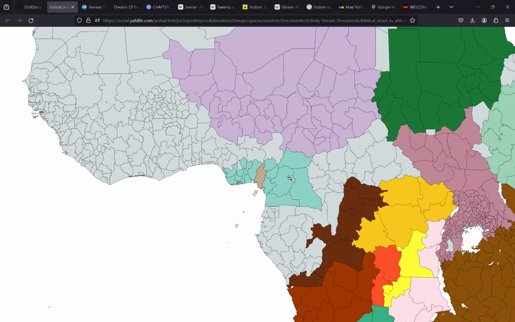Every ecosystem and environment. So it supports the fact that Mount Cameroon is where Noah's Ark landed and everything came off the ark. Not to mention the fact that local history says so.